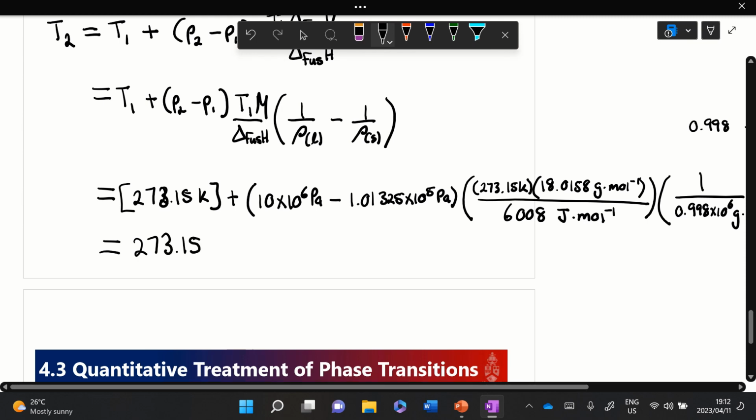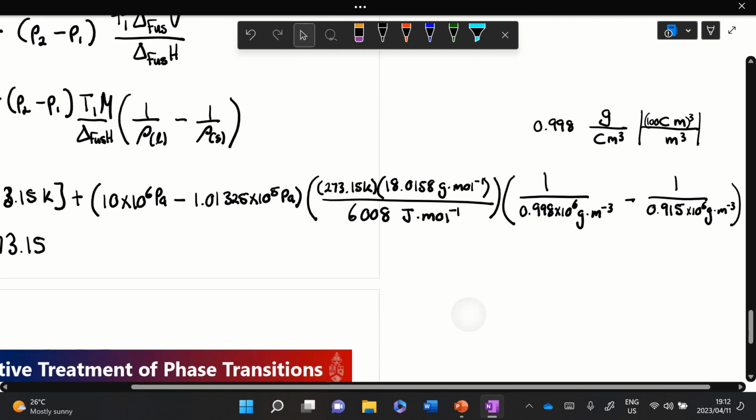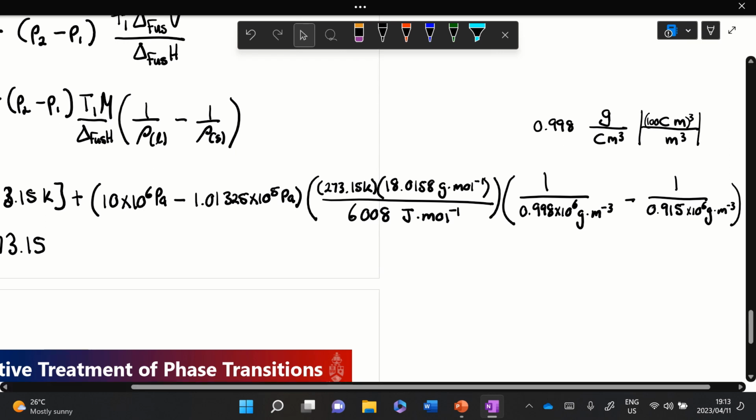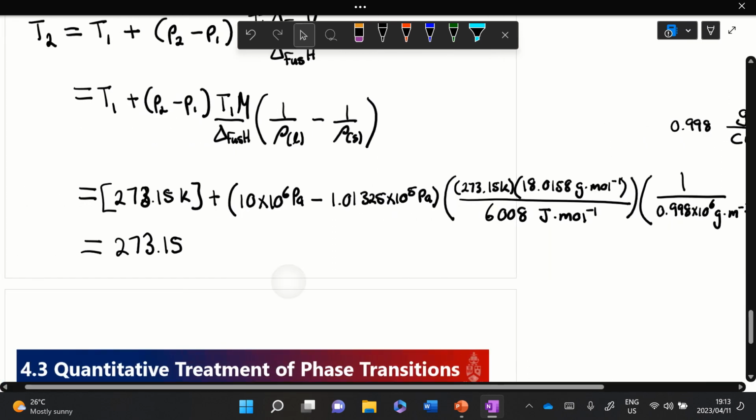Okay, that then leaves us at 273.15. Everything here will cancel. Grams cancel, mole cancels, so we're going to have Kelvin, joule, meter cube, Pascal, and then a Pascal will cancel with the joule per cubic meter, because a Pascal is an energy unit per cubic meter. Alright, so that is perfectly fine.